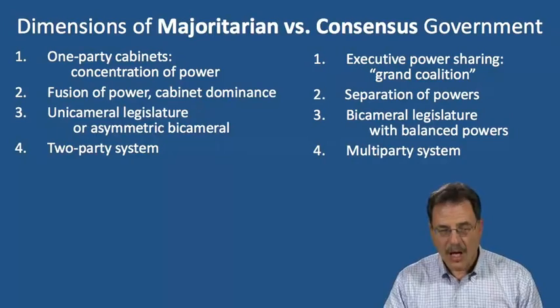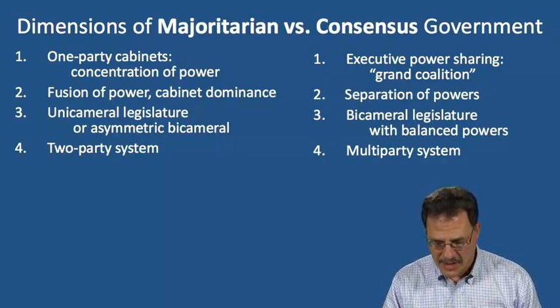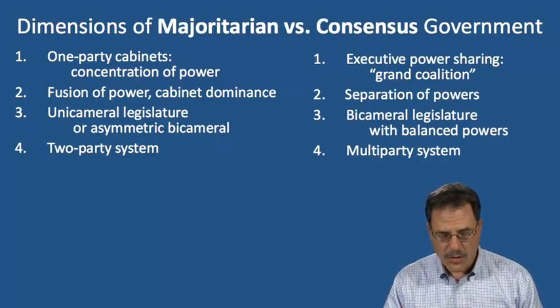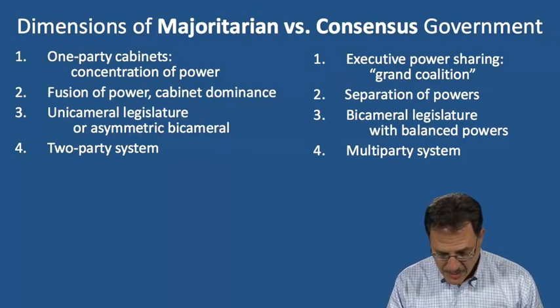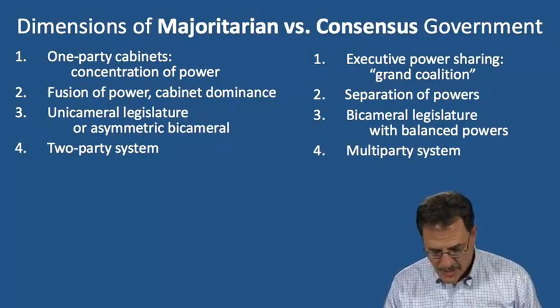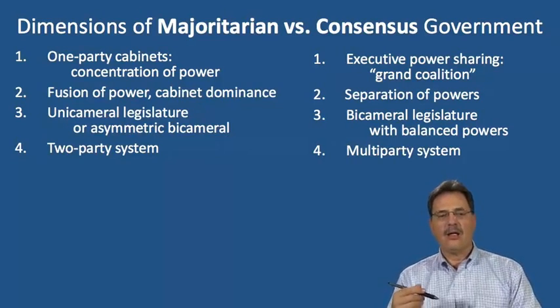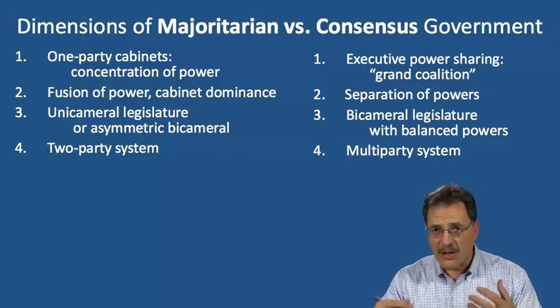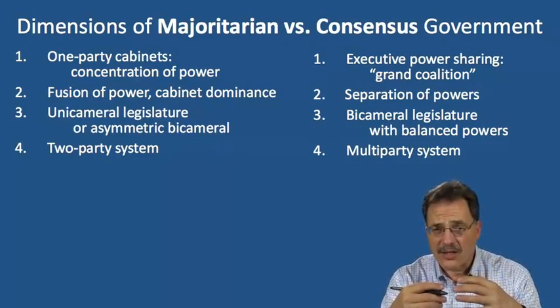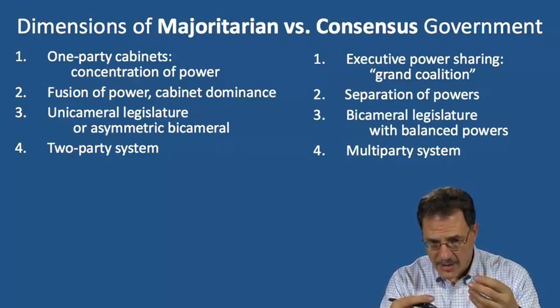Next variable, the structure of the party system. Do we have two parties or many parties? And again, when I say two parties or many parties, I'm talking about, in the technical political science sense, relevant parties.